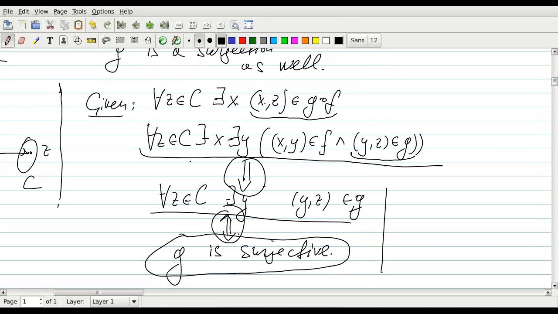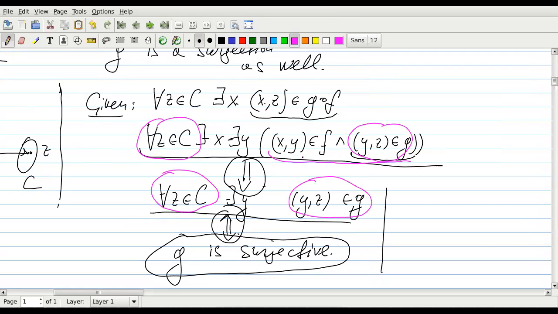This statement is indeed stronger than this one. It says that for each z, there exists x and there exists y such that something holds. But if this holds, then this one holds as well, for it is weaker.